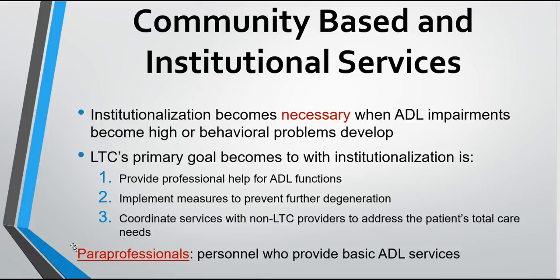So the primary goal with institutionalization is to provide help for the activities of daily living functions that the patient is experiencing, implementing measures to prevent further degeneration, and coordinate services with non-long-term care providers to address the patient's total care needs. Now, paraprofessionals, when that term is mentioned in the chapter, it's the personnel who provide basic activities of daily living.